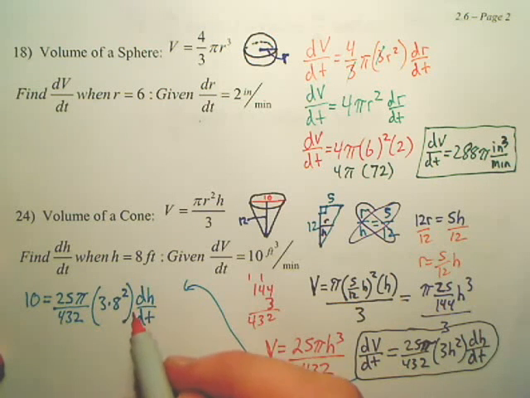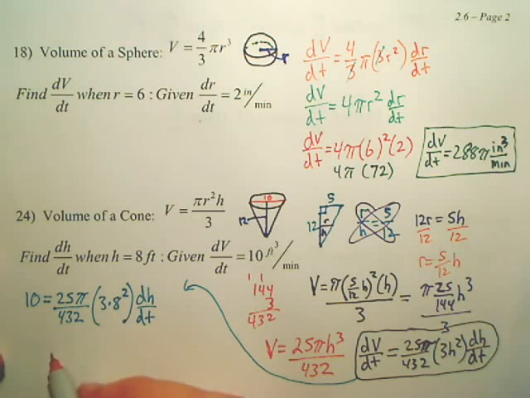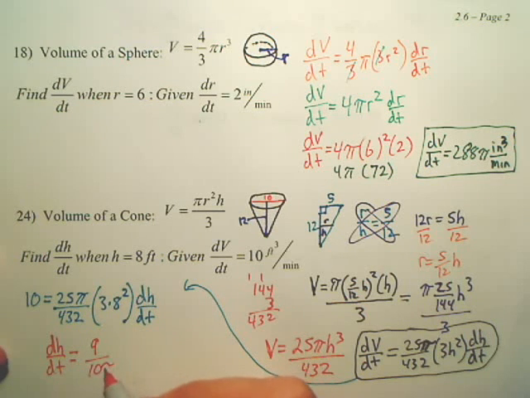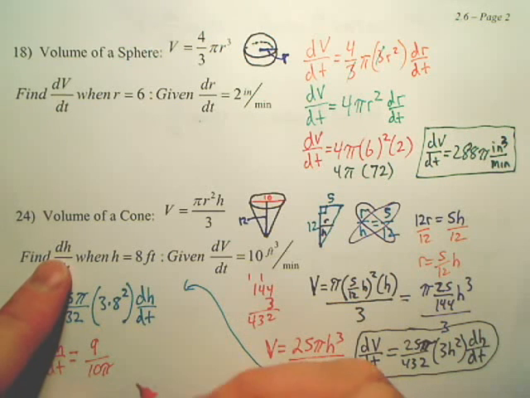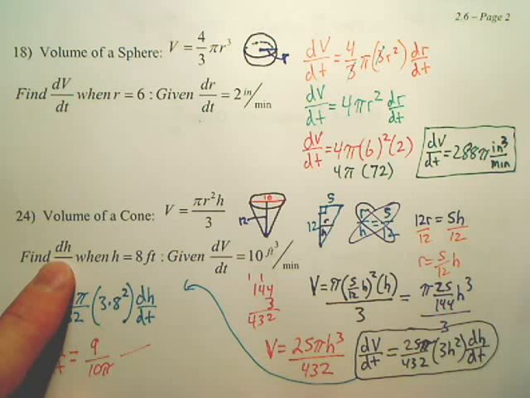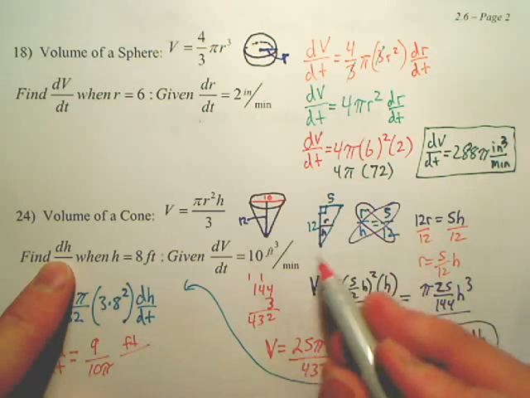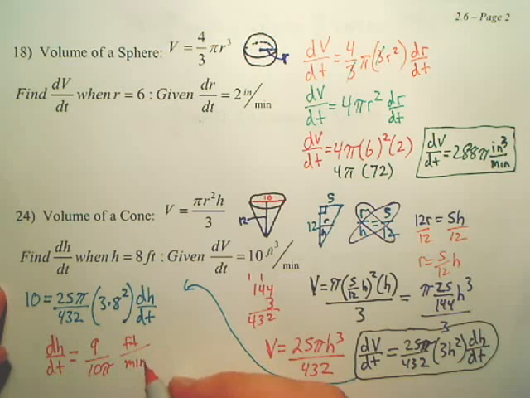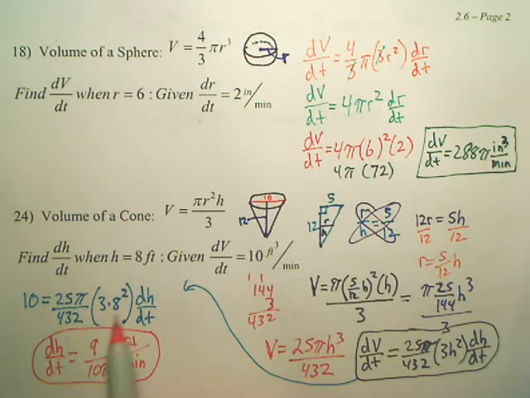But when you end up solving for dh/dt, I'm just going to give it to you. dh/dt ends up being 9 over 10 pi, and dh/dt is in what unit of measure? h is just feet, and the unit is minutes. Now, if you again solved all this down, divide the 10 over, and so forth, this is what I believe you would get according to my notes.